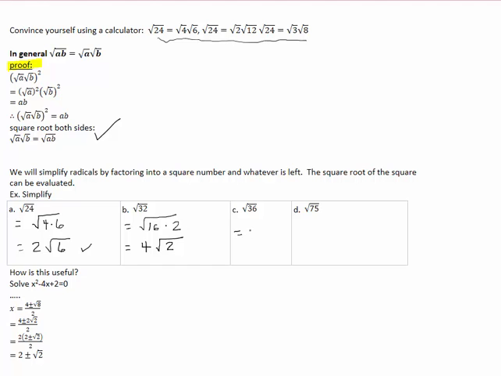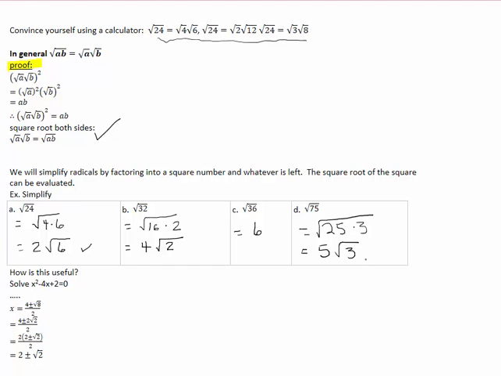Here, we don't need to complicate it. Keep in mind, you don't need to find factors here, because the square root of the perfect square 36 is 6. Here, if I had 25 times 3, I could square root the 25, which equals 5, and then I'm left with just the square root of 3 under the radical.